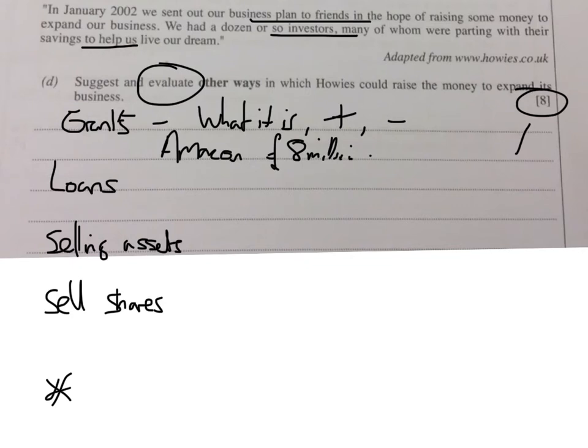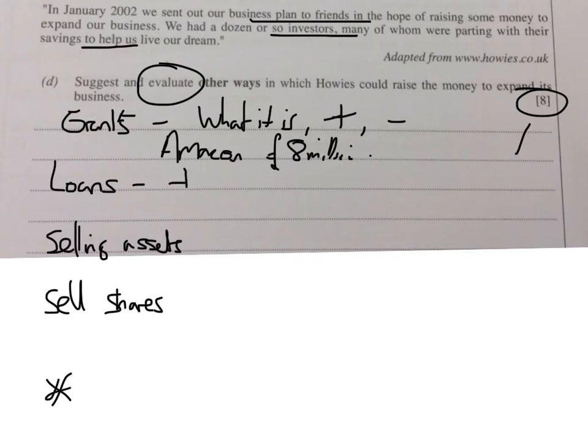The other downside of grants, because you might as well try and go into detail, is grants are really hard to get. Because obviously the government haven't got any money, so how can they keep on giving more and more grants to people? So loans, you say what a loan is, and don't be scared to actually say this. A loan is when you borrow money from the bank, but you have to pay back interest. Explain what it is. Don't just assume that they know.